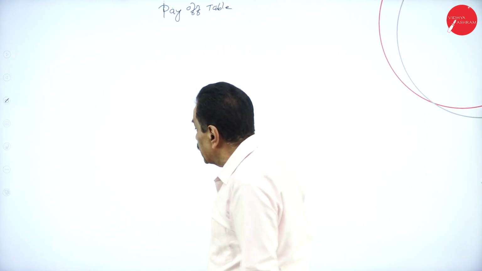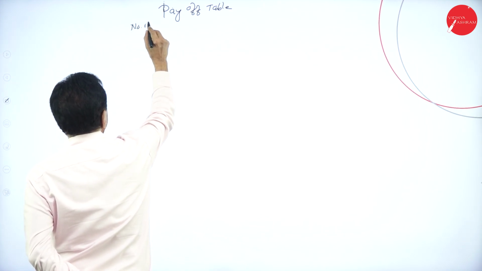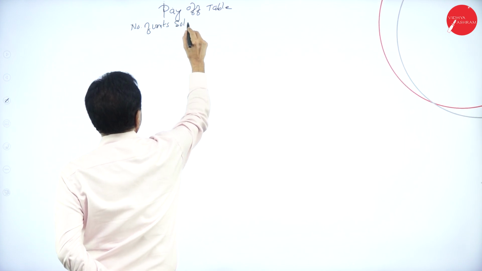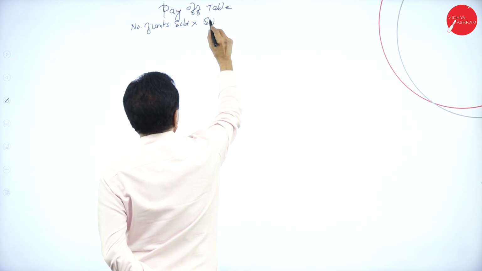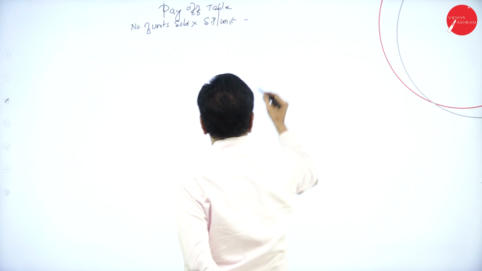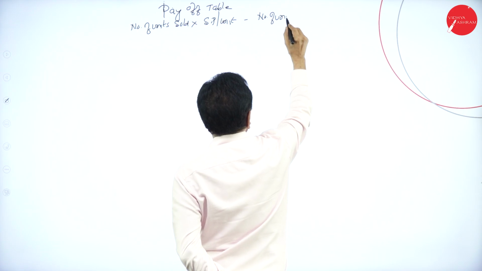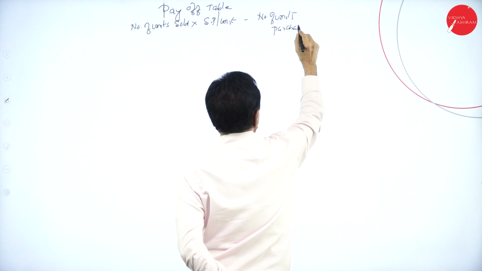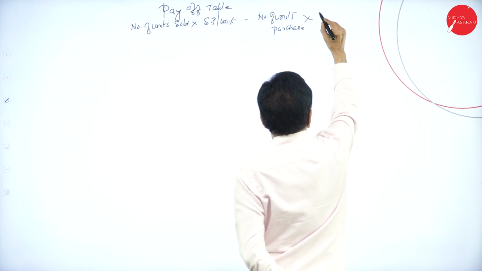Formula: number of units sold multiplied by selling price per unit minus number of units purchased into cost per unit.